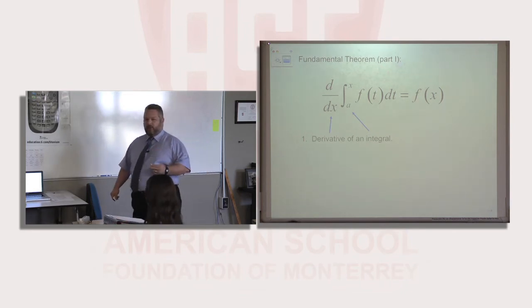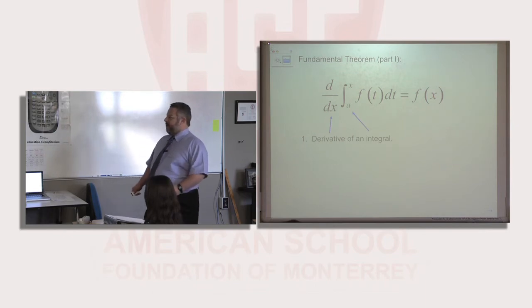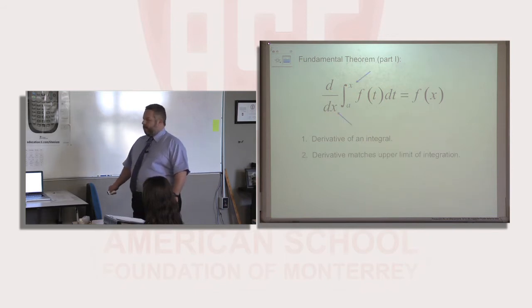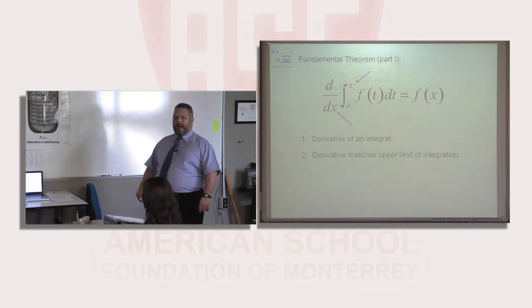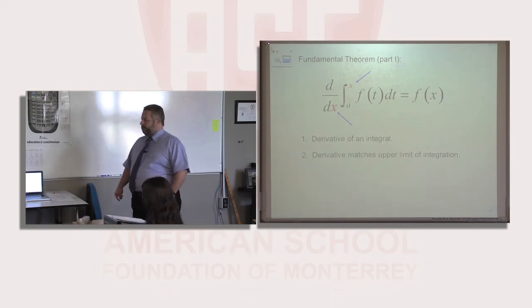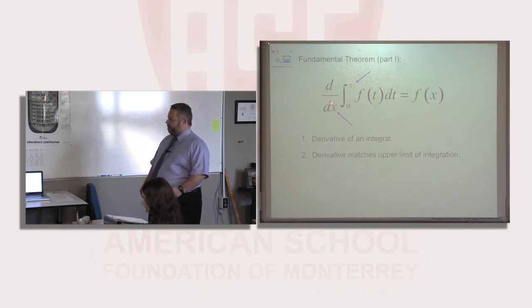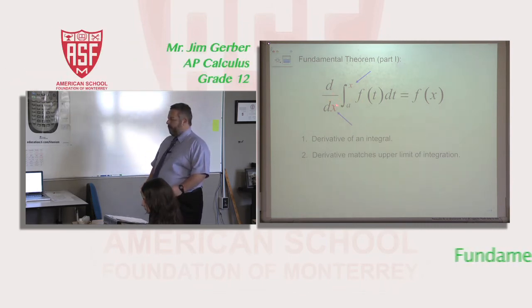Second thing that has to be true in order for us to use this is that we're differentiating with respect to x here, and my upper limit of integration is x. In other words, the derivative has to match the upper limit of integration. Third thing is that the bottom limit of integration is what?